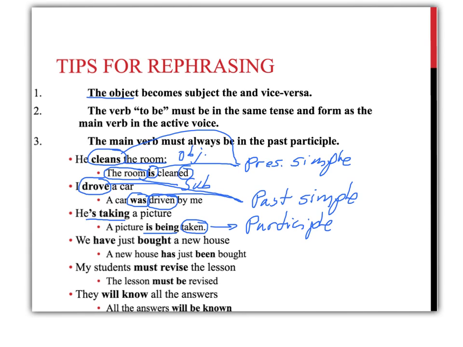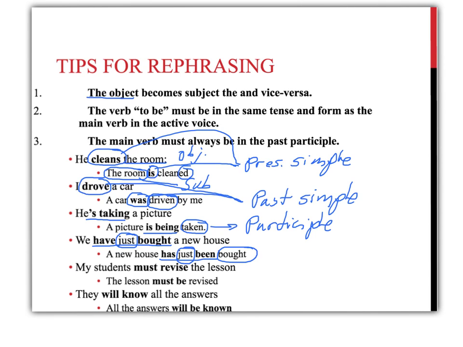In the next sentence, you have a present perfect with one particle here, which is just. Well, the verb to be needs to be in the present perfect, right, with the same particle. Again, don't forget about the participle.